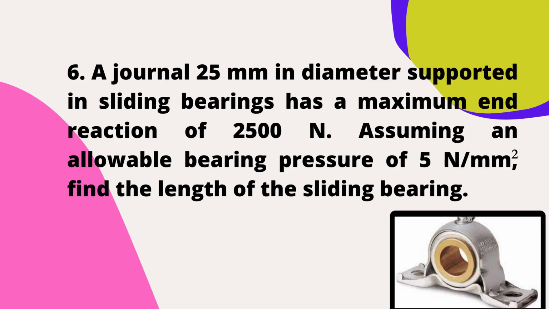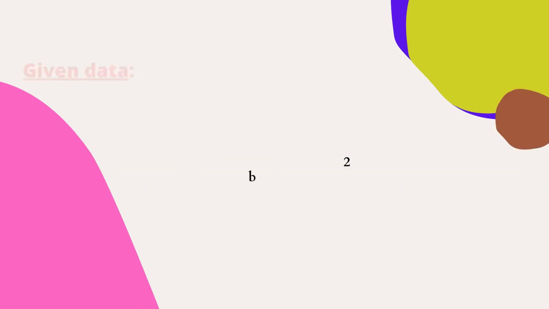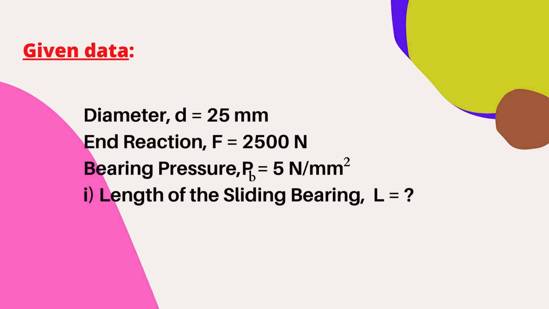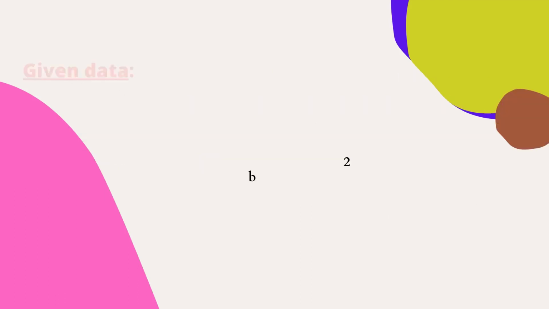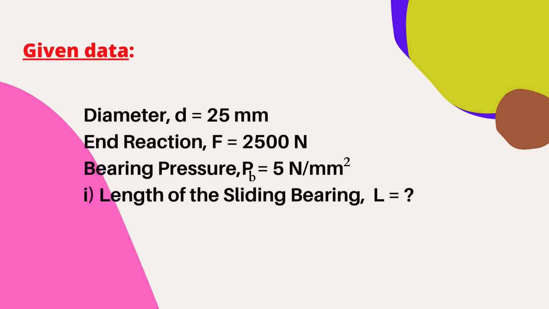Assuming an allowable bearing pressure, the maximum pressure which is permitted in this journal bearing is 5 Newton per mm square, that can be assigned as P suffix B, that is bearing pressure. It's equal to 5 Newton per mm square. And here we need to find the length of the sliding bearing, that is L. Length of the sliding bearing L is equal to question mark.